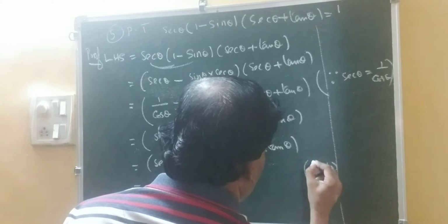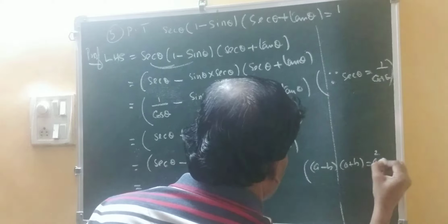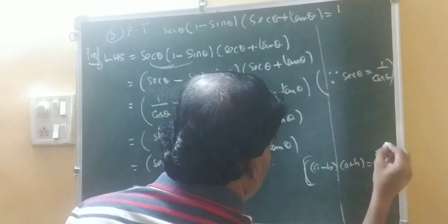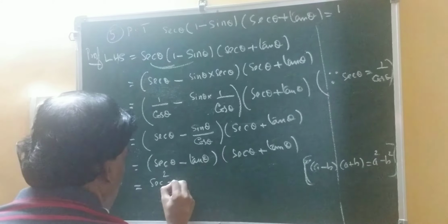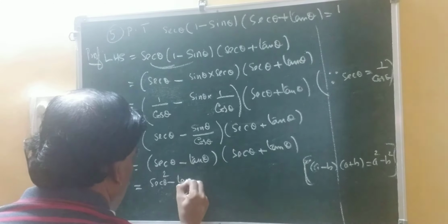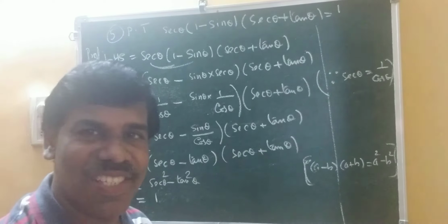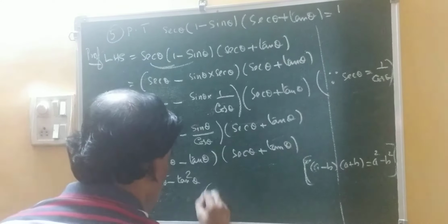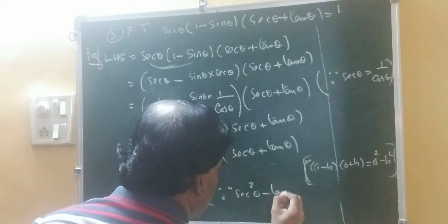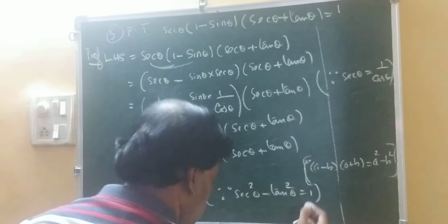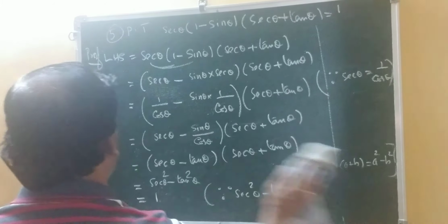A minus b into a plus b equal to a square minus b square. That is sec square theta minus tan square theta. But what is sec square theta minus tan square theta? It is 1 only. So what is the reason? Sec square theta minus tan square theta equal to 1. So this is how we got the answer. Now next one.